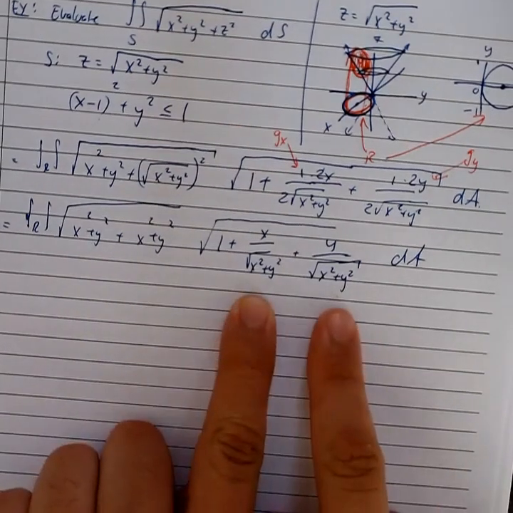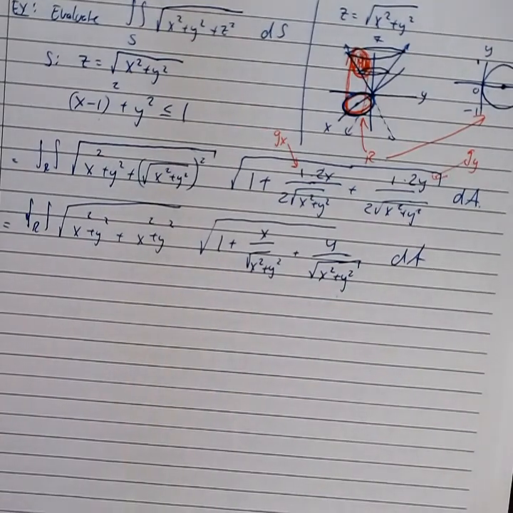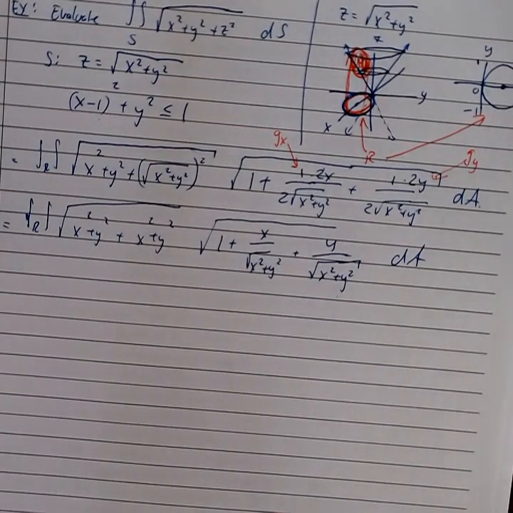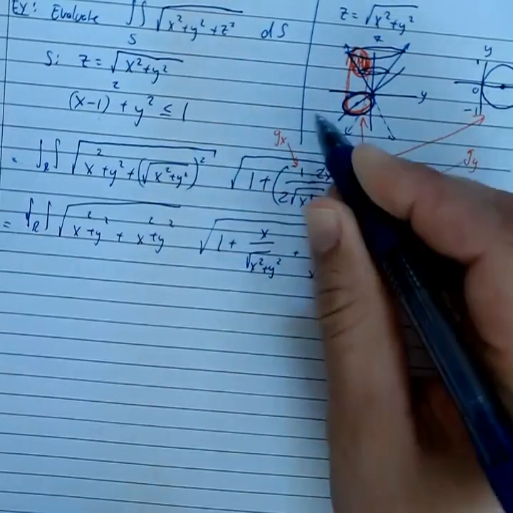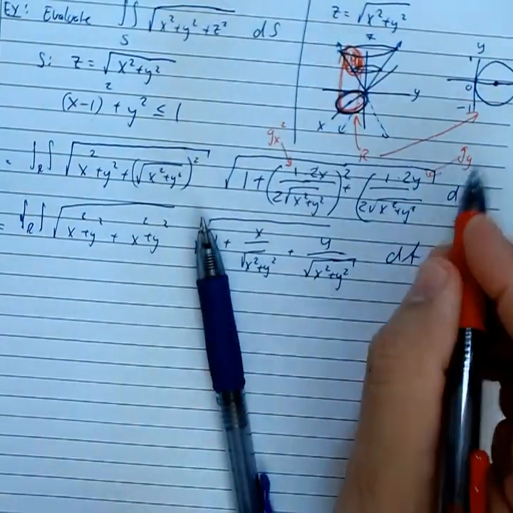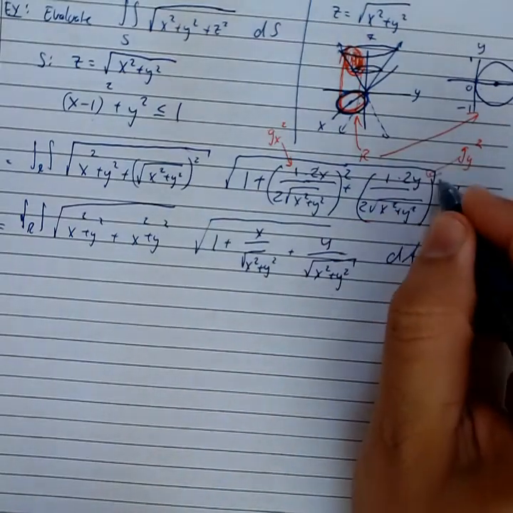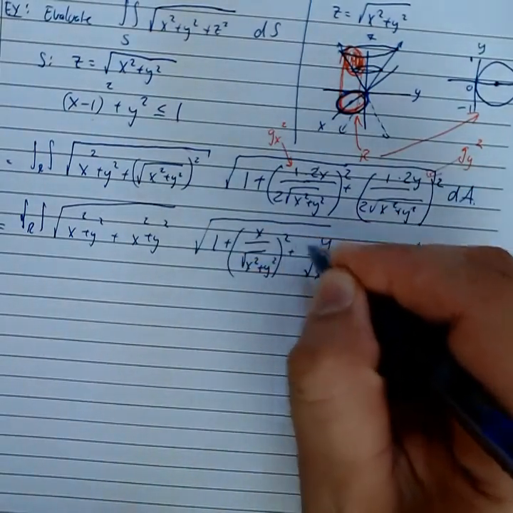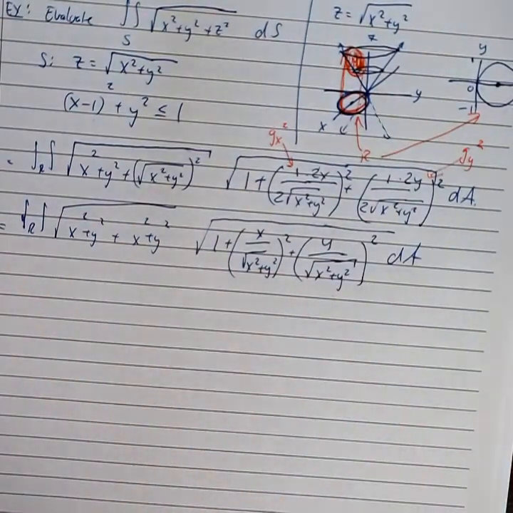You notice these already have a common denominator, but that one could still use one. Oh, my apologies. I'm forgetting my squares here, aren't I? This should be g sub x squared, and this should be g sub y squared. Pardon me. I forgot my squares here. There we go.